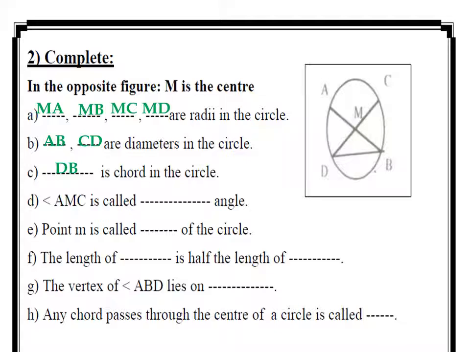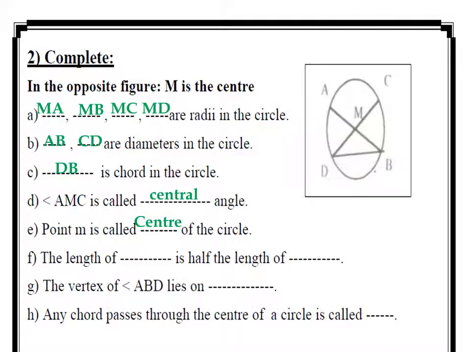Angle AMC is called the central angle. Okay, as we took from grade 4, this is the sign of the angle. Okay, the angle AMC is at the center of the circle, so that's why we call it a central angle. Point M is called the center of the circle.